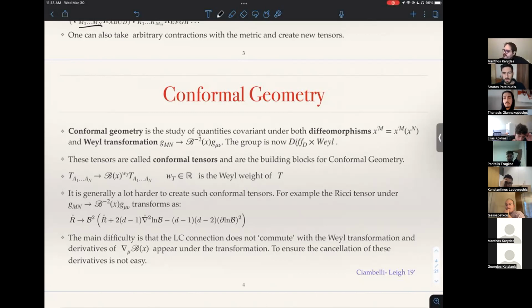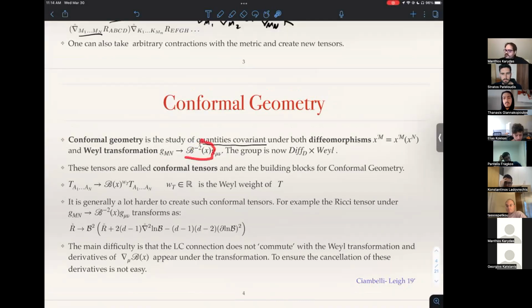Then we want to find quantities that are covariant under diffeomorphisms, so change of coordinates, as in the Riemannian case, but we also have a new symmetry, which we call the Weyl transformation, which is basically a rescaling of the metric by some function beta, which is a function of position x. So it's not a constant number, a constant dilatation. The power of -2 here is convention. I use a convention by Luca and Rob. It doesn't really matter. All that matters is some function you multiply by the metric.